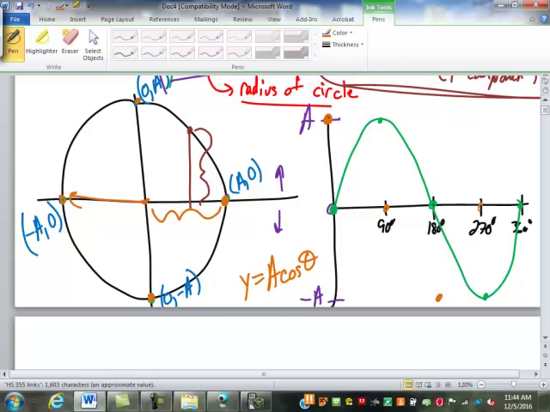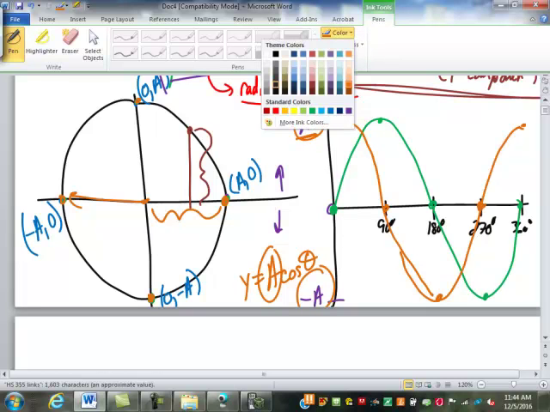At 270, horizontally it's at 0. And at 360, it's back out to a positive a. So that number multiplying in front of the trig function, all that does is change the radius of that circle. So all it does is change this from 1 and negative 1 to a and negative a, whatever that number is.